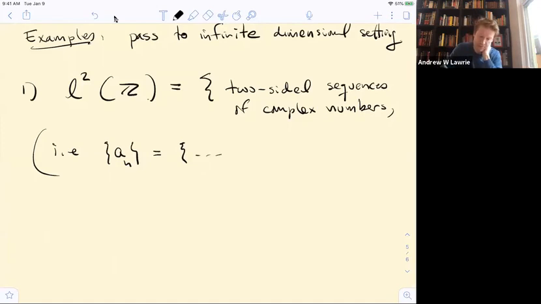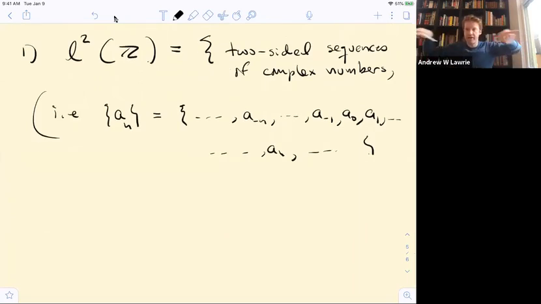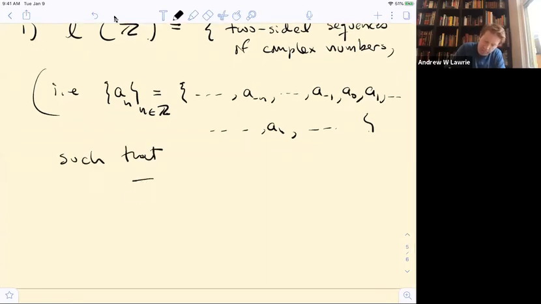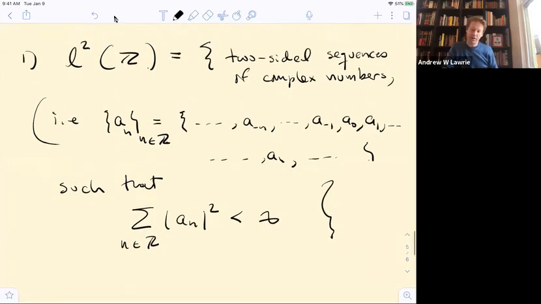So this is an infinite sequence, a_{-n}, a_{-1}, a_0, a_1, a_n, etc. So infinite sequences, two-sided, meaning that they're indexed by Z rather than just natural numbers. Two-sided meaning negative indices, such that they're square summable.